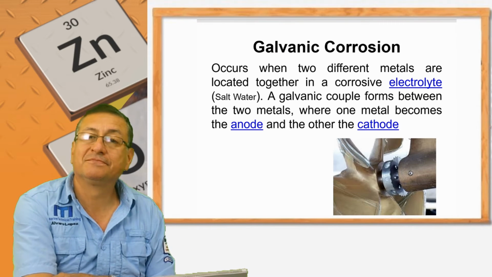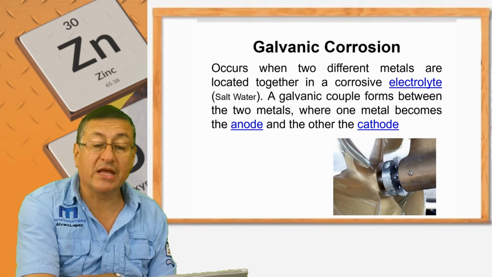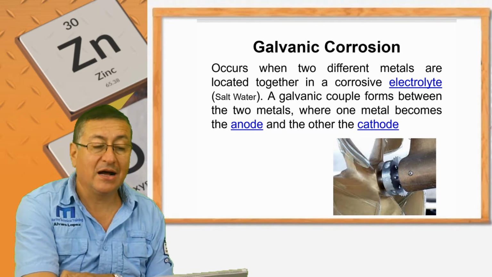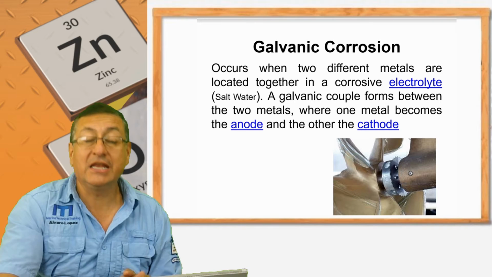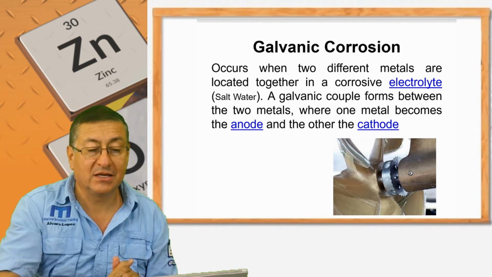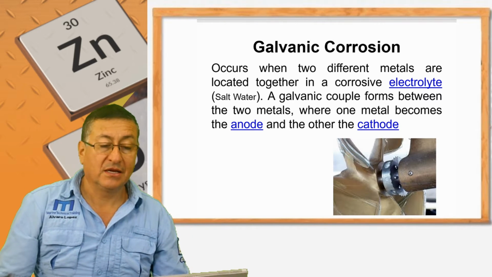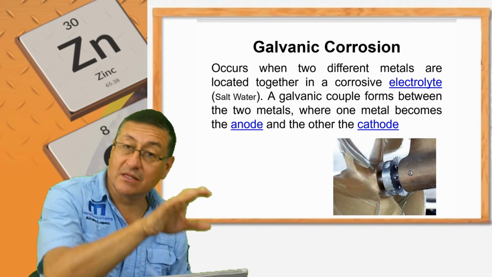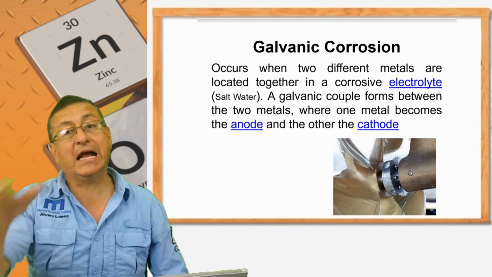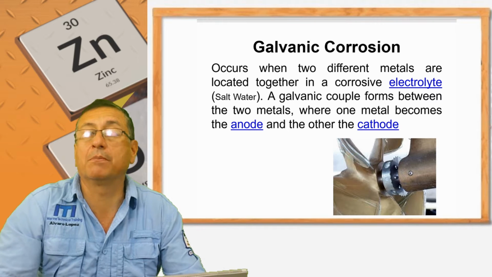Galvanic corrosion, that's very common in our environment, occurs when two different metals are together in a corrosive electrolyte, salt water. The galvanic couple forms between the two metals. One of them will be the anode and the other one the cathode. This is the situation that I explained in a previous episode.